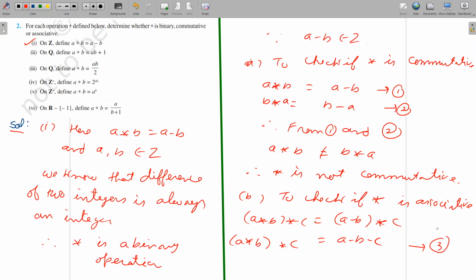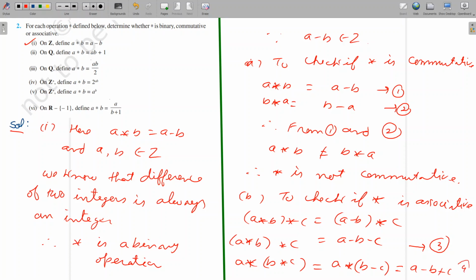Now, in the next case, we will find A star (B star C). So, first we will find B star C and then operate with A. B star C stands for B minus C, and this will give us, on operating, A minus B plus C.